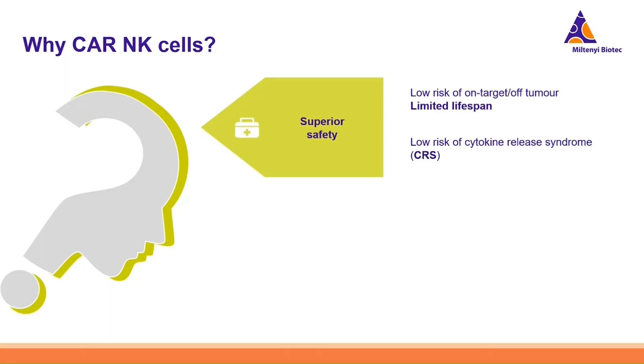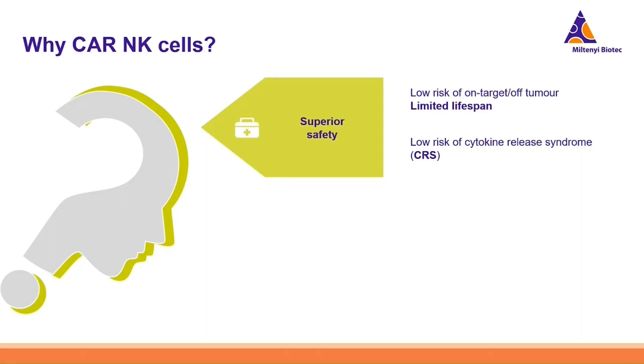Activated NK cells usually produce interferon gamma and GM-CSF, whereas CAR T cells produce different cytokines, including, for example, IL-1, IL-2, interleukin-6, and TNF. Because of this different spectrum, CAR T cells are more highly associated with cytokine release syndrome.